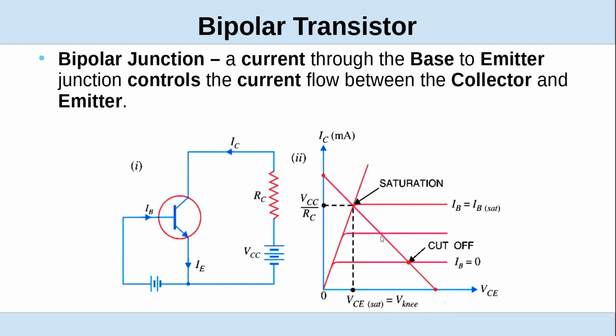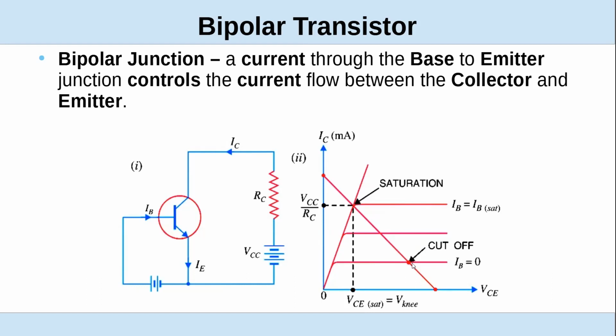So normally for like a Class A amplifier, you would want to bias it so that it's normally operating with no signal right here in the middle, in between what we call the cutoff and the saturation.